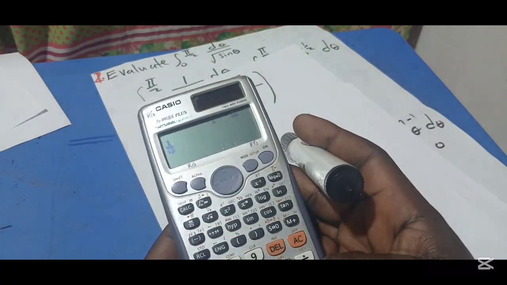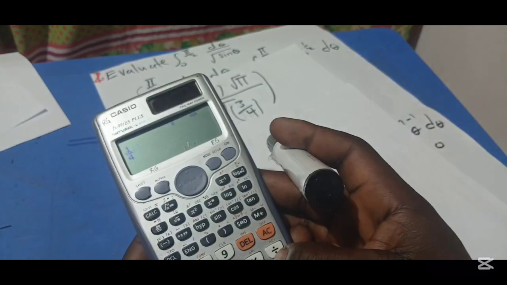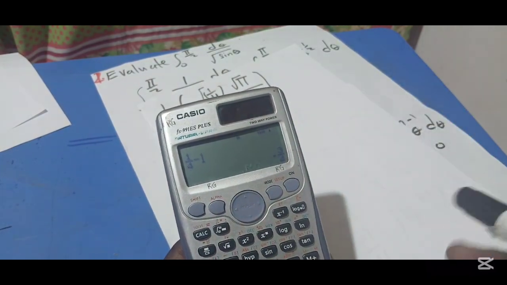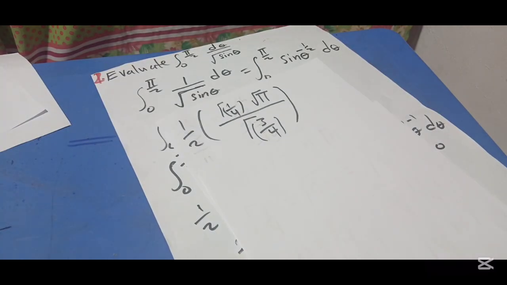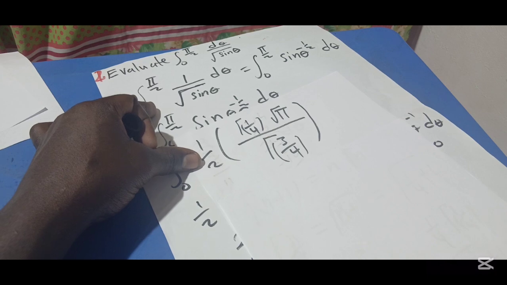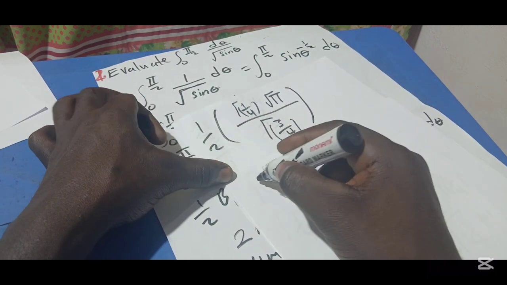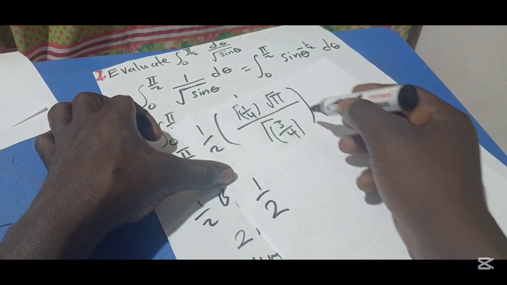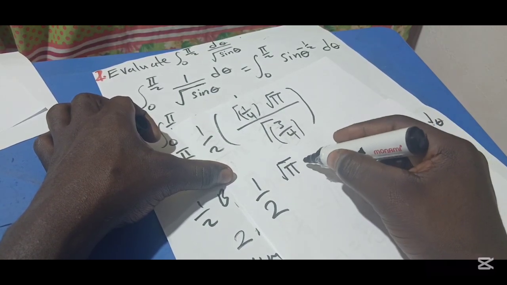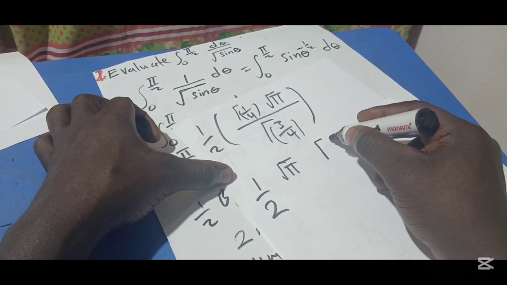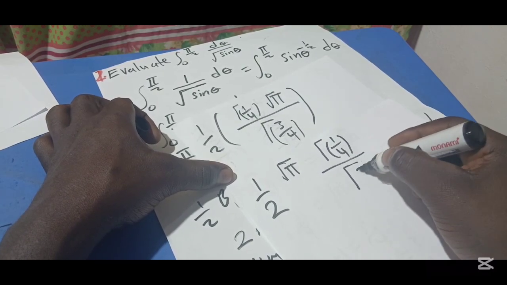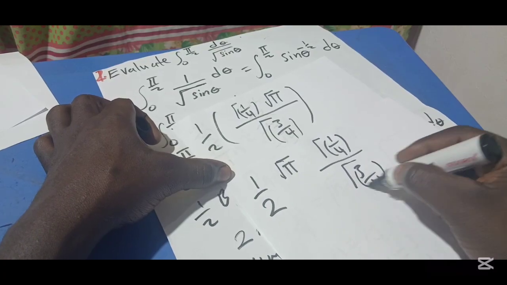So 1 on 4 minus 1 is also giving us a negative number, so we can just leave it like that. Once you subtract 1 and get a negative number, you can leave it like that. So this is going to give us half. We have half multiplying. Let's rearrange this term. Let's bring square root of pi here, gamma 1 on 4 all on gamma 3 on 4.